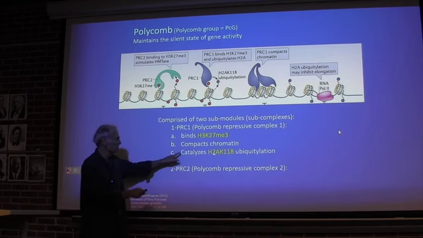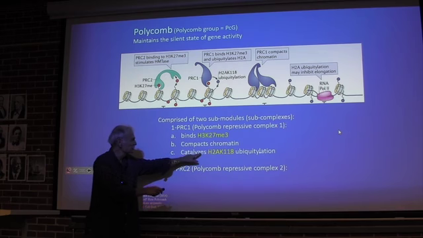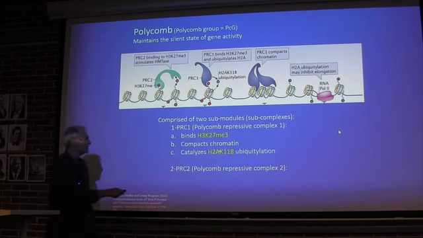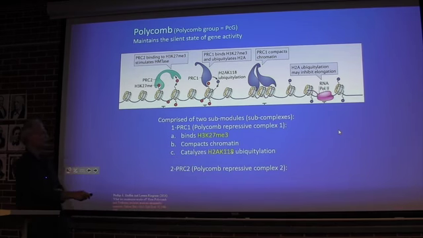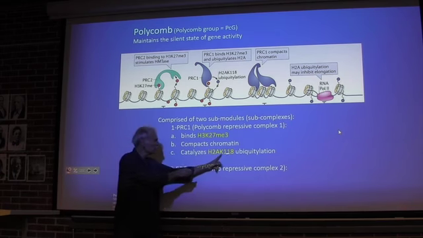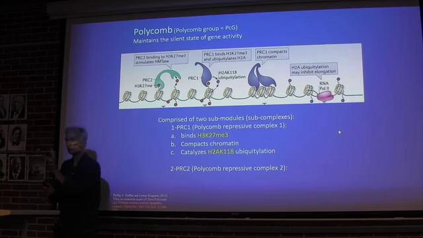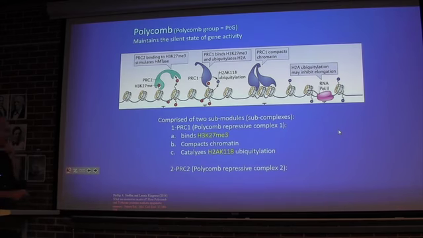Notice it also has enzymatic activity, it catalyzes the ubiquitination of lysine 118 of H2A. This lysine here is actually in the body of the histone, not on the histone tail.